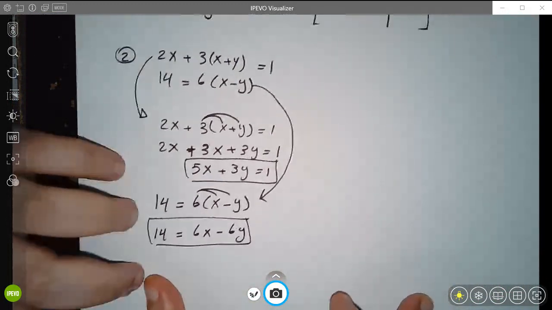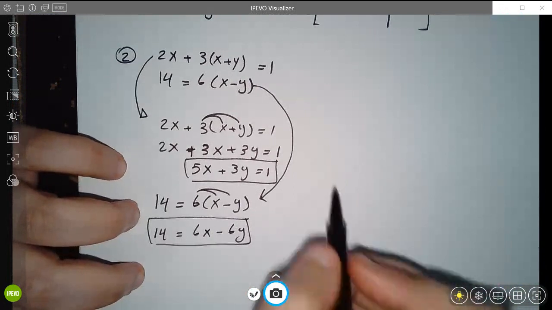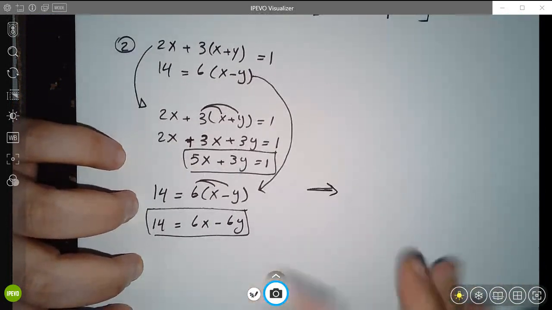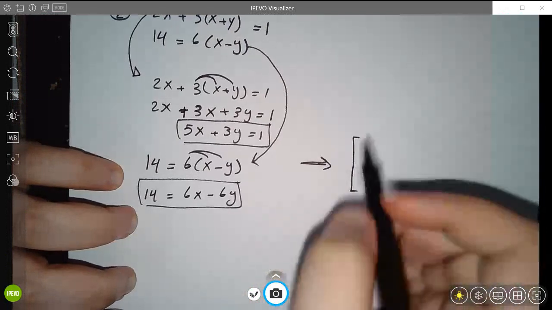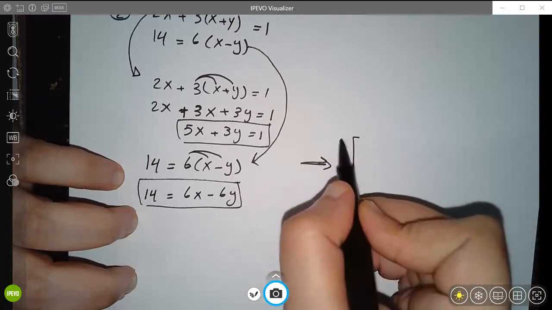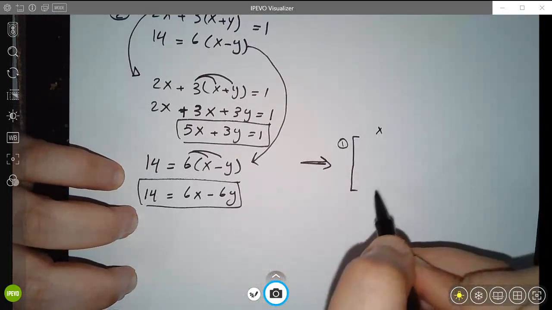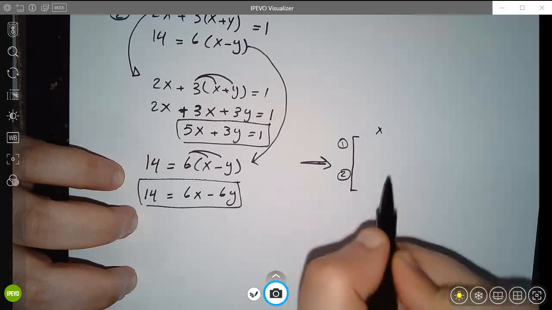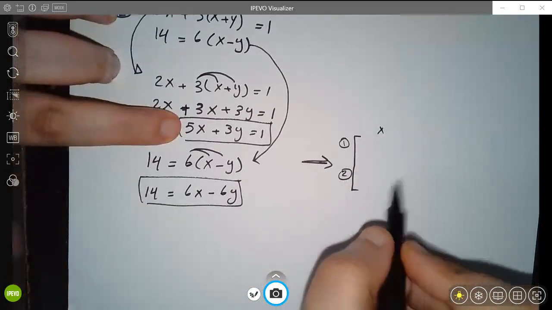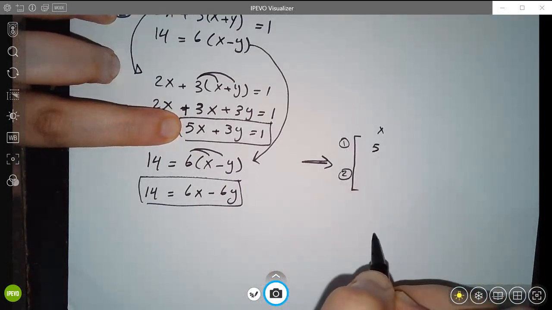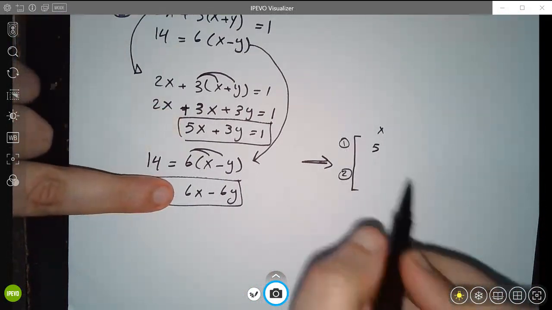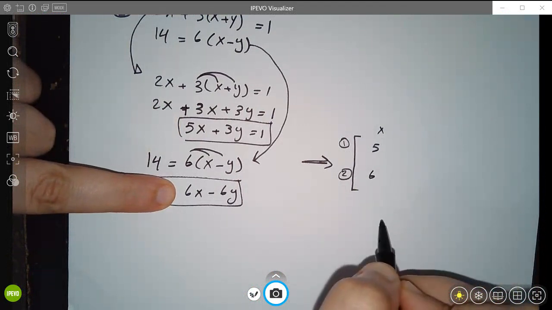Now let's write those in matrix form. Okay, arrow. Here you go. So equation number 1 for the x, and equation number 2 for the x. For the x in equation number 1, we have a 5. So a 5 goes in this column. For equation number 2, we have a 6. So a 6 goes in that column.